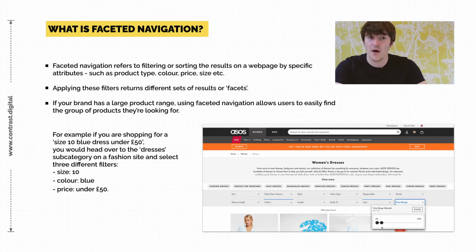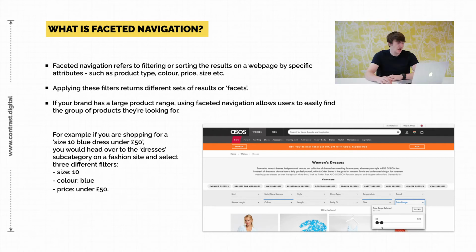They're the most commonly known ones, and depending on what attributes your products have will depend on the faceted navigation attributes that you want to offer to your users to do this product filtering. And the idea of faceted navigation is that, at a category page level or subcategory, it makes it easier for users to find the products that they want. So that's pretty much how faceted navigation comes in.